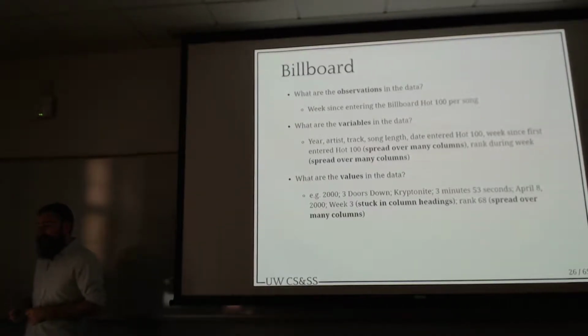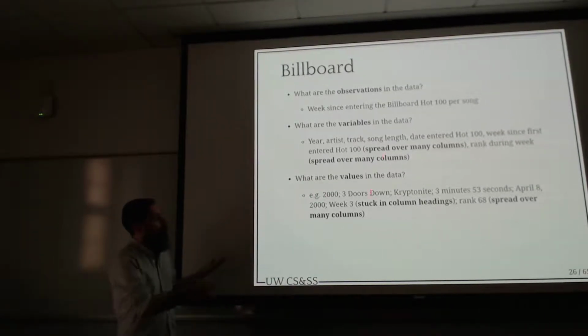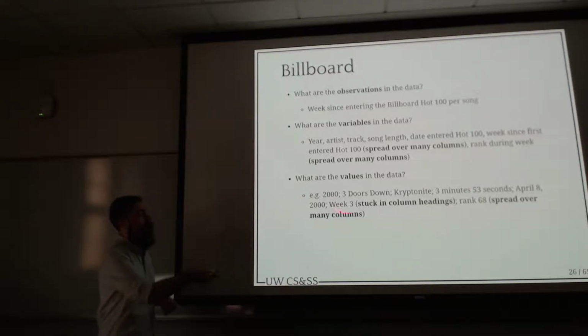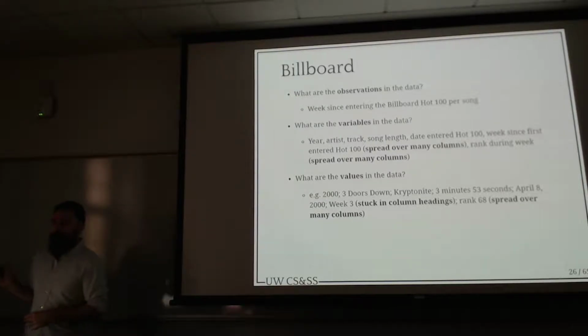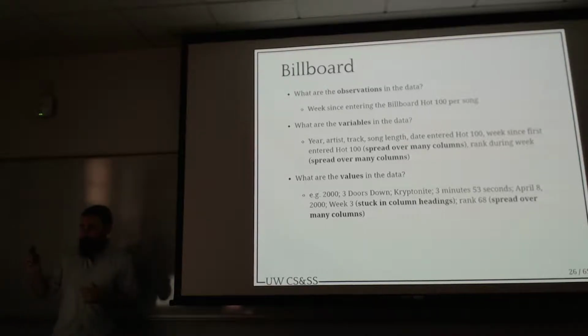Okay? The values in the data are things like the year, they're all 2000, bands, songs, the length of those songs, what week it is. So week 3, those are in column headings, but the rank is spread over lots of different columns. It's a weird format. To try and plot it in ggplot, it's going to have no idea how to work with any of that crap.